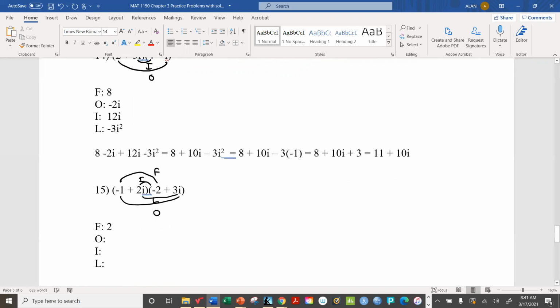So the F is positive 2. O is negative 3i. The I is minus 4i. And then finally the last is 6i squared.